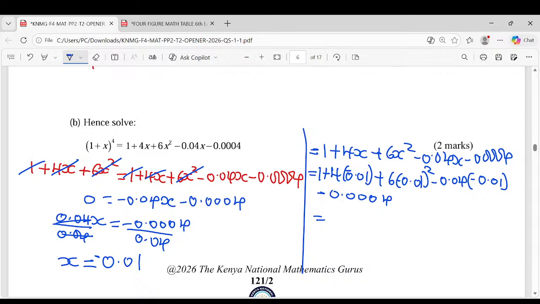You get 0.957 as the answer to that particular problem.